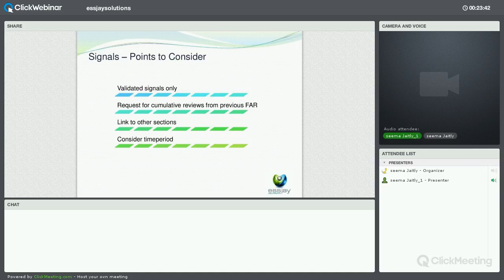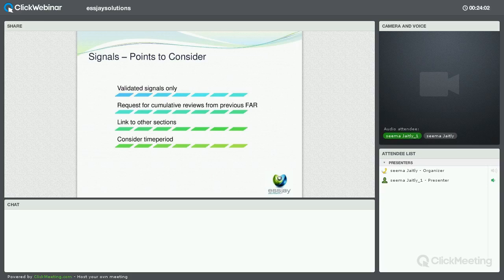How do you link to your other sections? So the importance here is where you link to section 16.3, which is new information on your identified potential risks, etc. Make sure that there are appropriate links there.